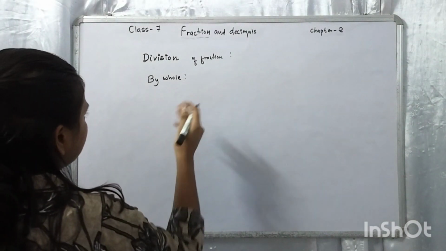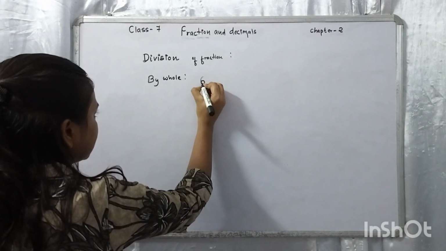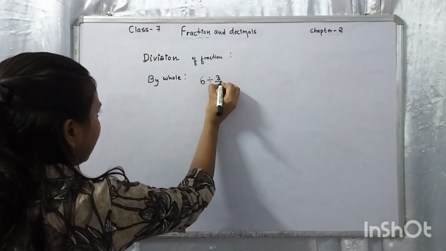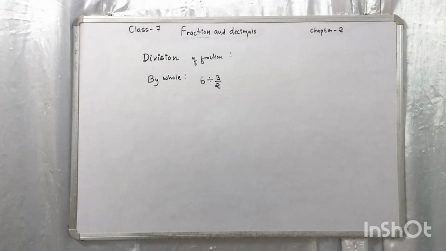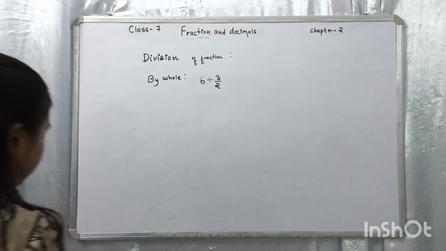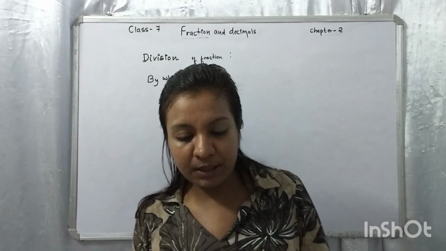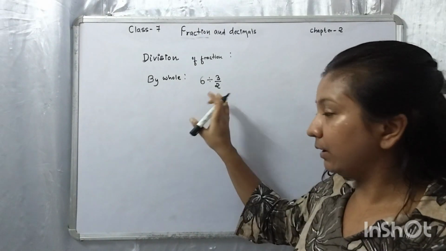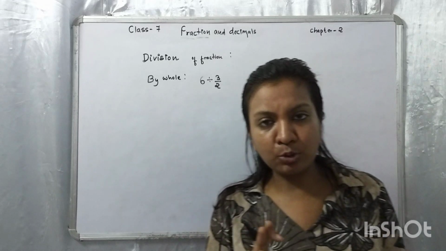So if you have to divide 6 by 3 by 2 for example, then how will you divide it? So now here there is one twist which you need to know. Multiplication was easy, and in division also you will multiply, but here multiplication will be totally different.